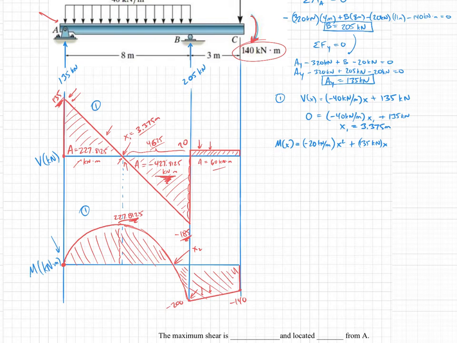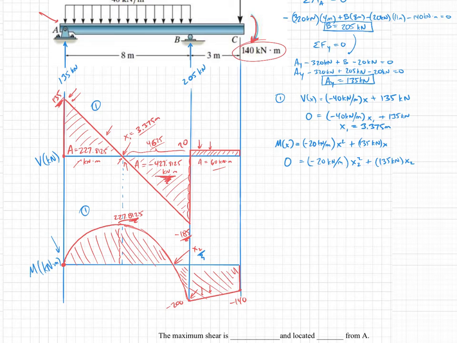Okay, so if that's the case, then I want to know x2 is when the moment is 0. So let's go ahead and solve this. 0 equals negative 20 kilonewtons per meter times, I call this x2 squared, plus 135 kilonewtons times x2.